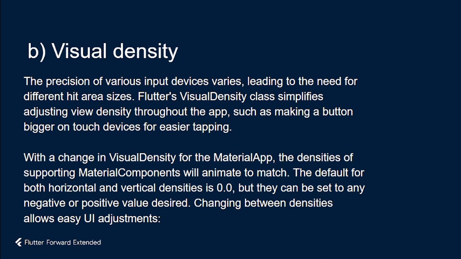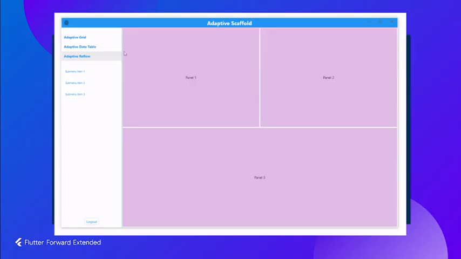With a change in visual density for the MaterialApp, the density of supporting material components will animate to match. The default for both horizontal and vertical density is 0.0, but they can be set to any negative or positive value desired, allowing easy UI adjustments.